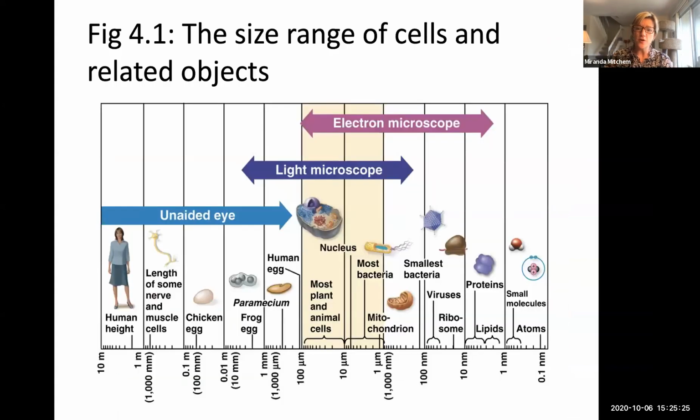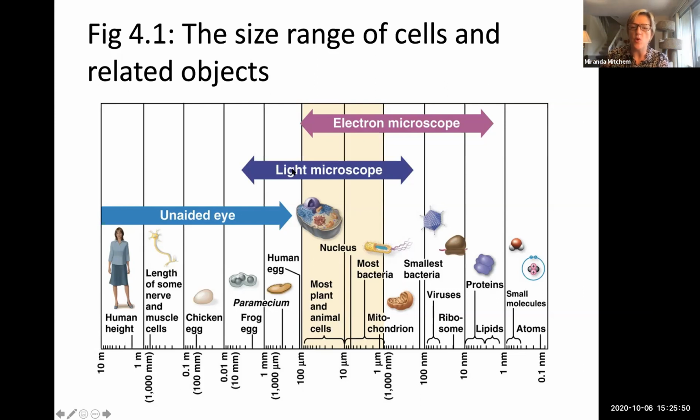All right, so first of all, let's look at the relative size of a cell. So most plant and animal cells, right, so that would include us, we're animals, are between 10 to 100 micrometers in size. That's really small. We're not able to see it with the naked eye or even with reading glasses like I have on.